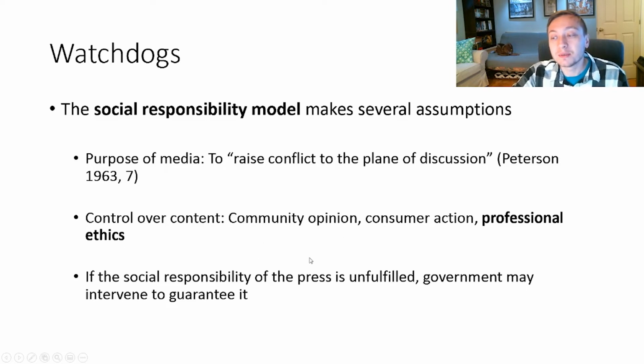So the idea being that journalists have a keen ear to the ground where they're listening to what the public actually wants them to cover, and they're setting an agenda that is created on the basis of those needs. Communities are expressing their needs to journalists and they're responding by providing the stories that they think they need.